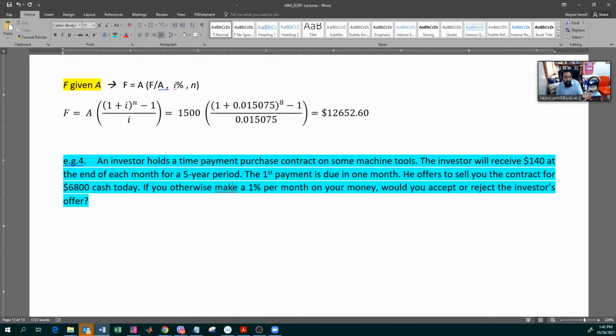Now, your other alternative, there's something called opportunity cost. I want you to take note of that term, opportunity cost. What is opportunity cost? Well, when you have two options, you can either go right or you go left. So let's say you've got $50.